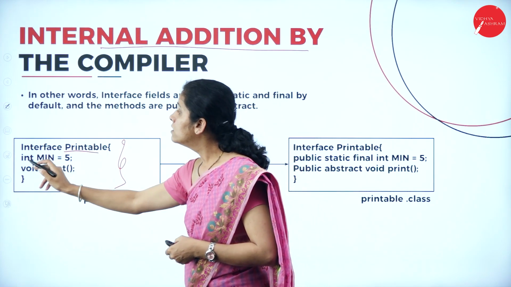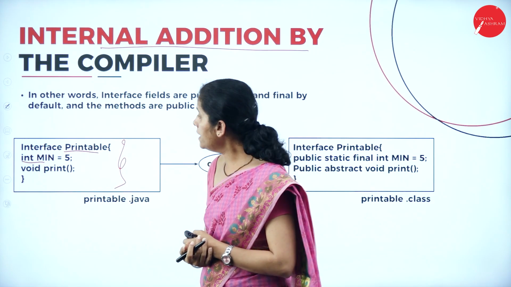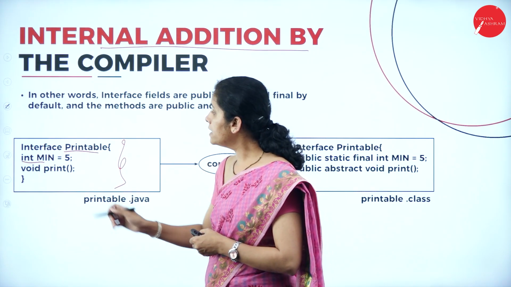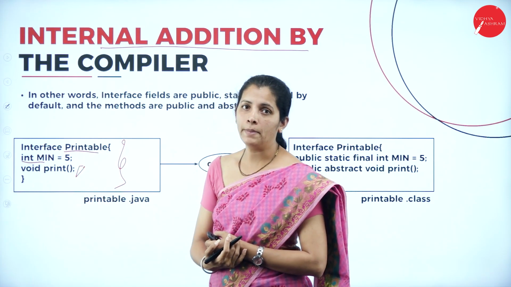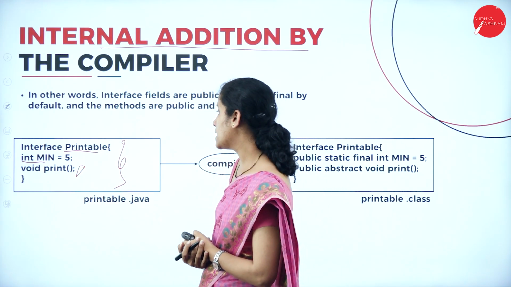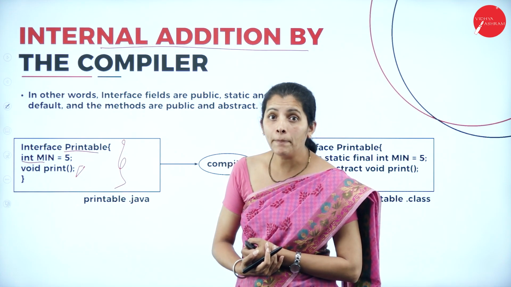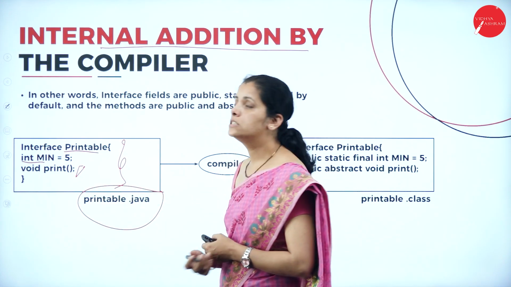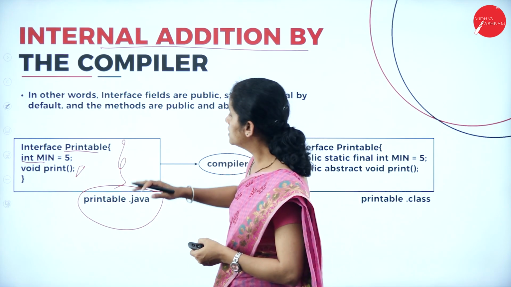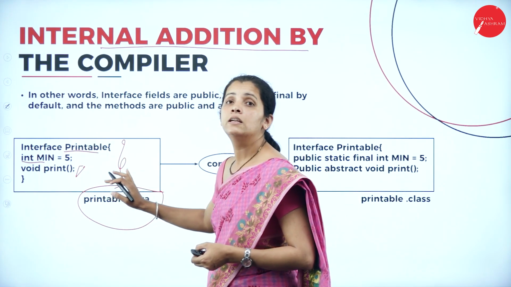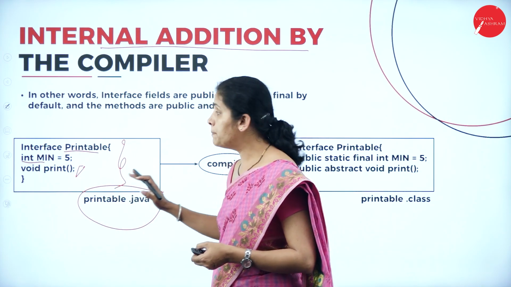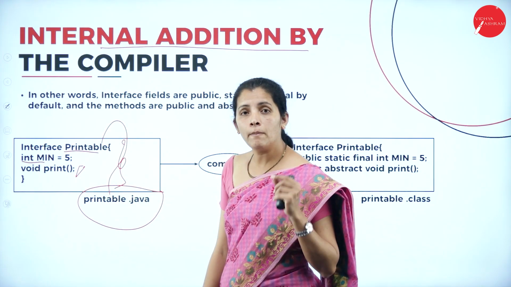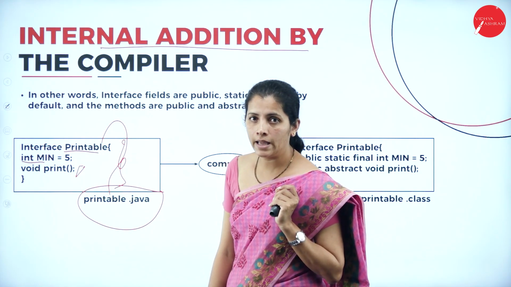And it is int min equal to 5 and I have an abstract method. And what is my abstract method name? That is print. Now, this is Printable.java. This interface is named Printable.java because my interface name must be my file name.